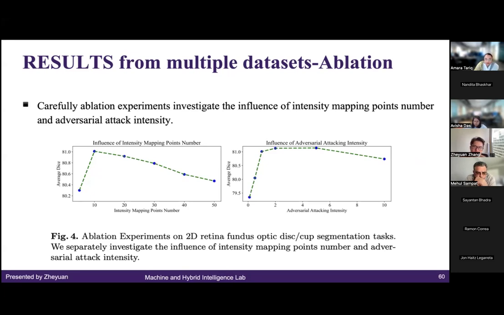When your intensity attacking value is too low, the model might not respond effectively enough. But when the intensity value is too strong, you are destroying the whole segmentation method, so the performance will also not be very good. So there will be a selected region where you can get the best performance.